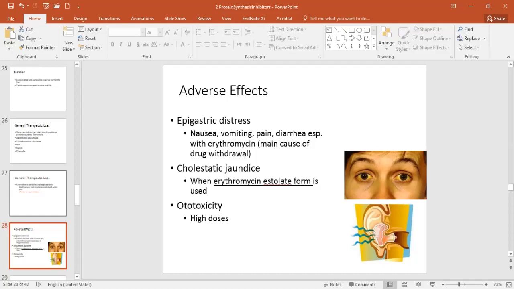It may lead to drug withdrawal. المريض يترك العلاج. Cholestatic jaundice, when erythromycin estolate form is used ممكن يؤدي إلى الإصفار. Ototoxicity in high doses.